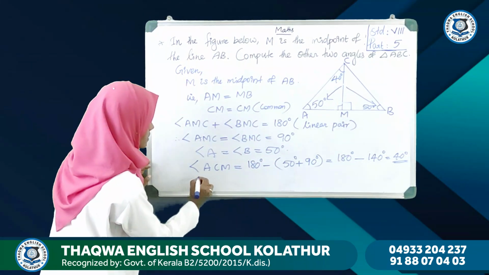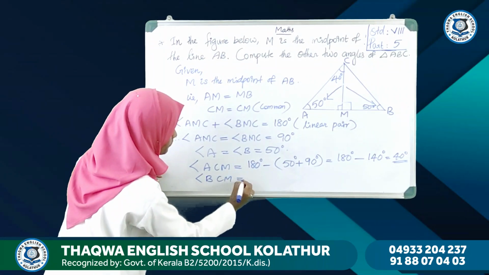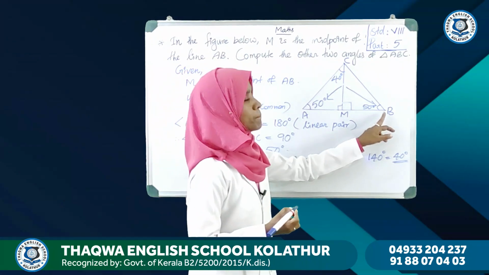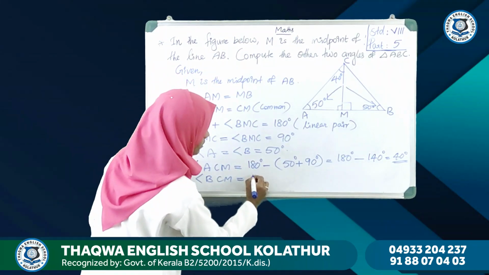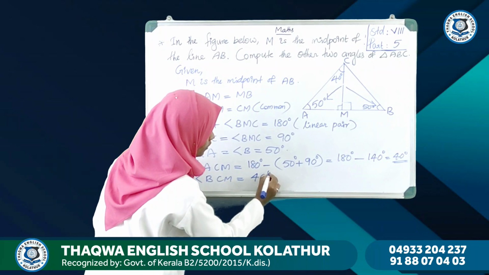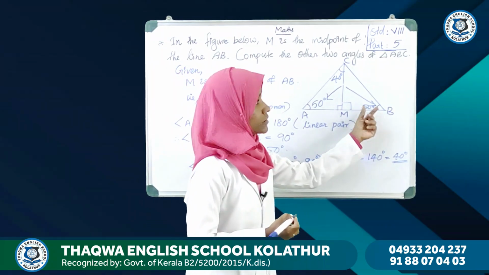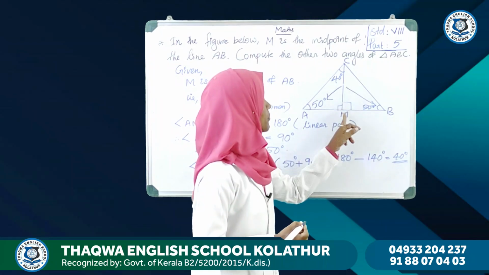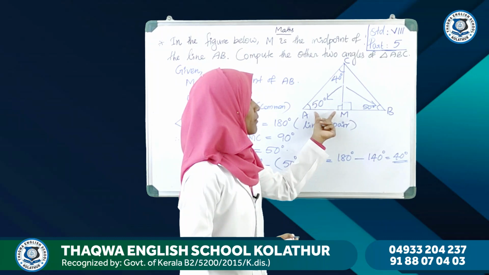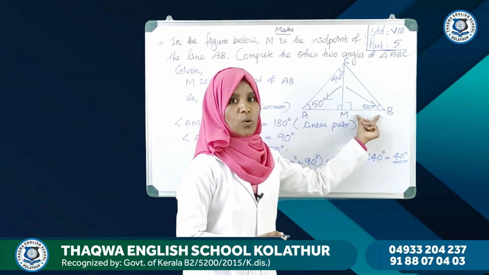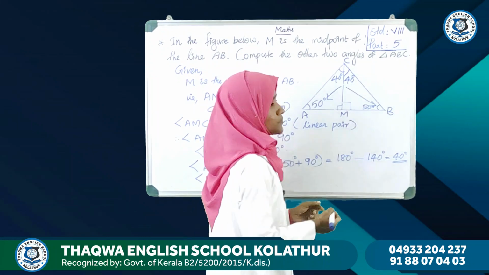Okay. Then similarly angle BCM. Angle BCM is also 40 degree. Why? Angle BCM is opposite to the side BM, and AM and BM are also equal. Okay, so here is 40 degree.